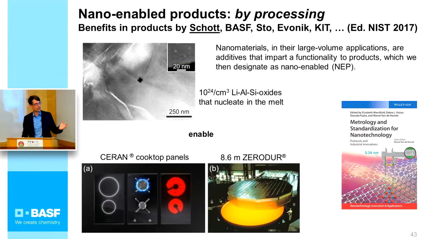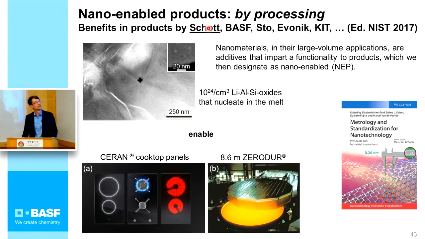If you have a cooktop panel, Ceran, this is a nano-enabled product. Why? Because the glass melt is adjusted such that as it melts, it generates nuclei, and these are specific oxide nuclei in actually quite a high concentration, 10 to the 24 per cubic centimeter. This is essential to prevent the thermal expansion of the glass, so this makes it a zero or low thermal expansion glass.